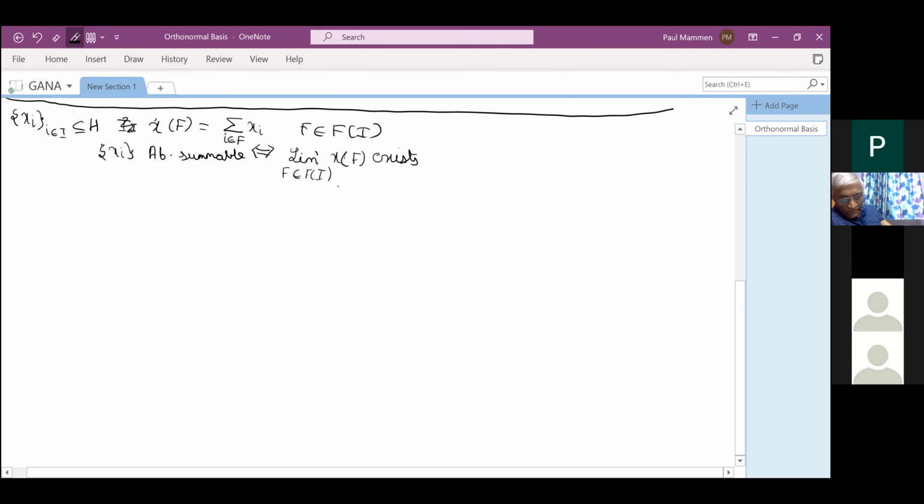This is independent of order, for any finite set, right? So it is unconditionally summable, yes. Sorry, unconditionally summable.